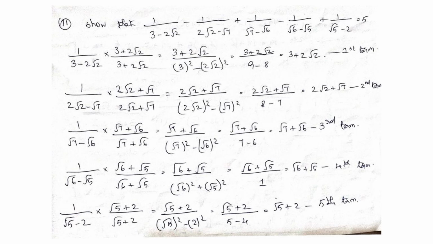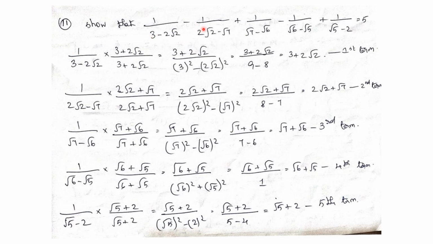11th sum, show that some terms they have given. 1 by 3 minus 2 root 2 minus 1 by 2 root 2 minus root 7 plus 1 by root 7 minus root 6 minus 1 by root 6 minus root 5 plus 1 by root 5 minus 2 is equal to 5. We need to prove it is equal to 5.